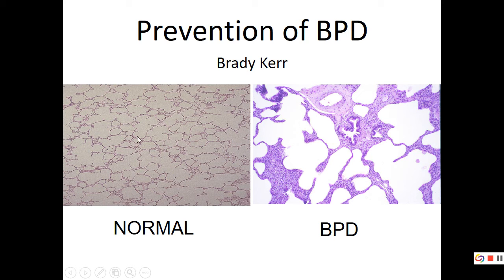So you can imagine if a baby had this lung architecture, it'd be much harder to exchange oxygen and carbon dioxide, trying to diffuse from inside that blood vessel to the alveolus would be much more difficult. So that's kind of what we're dealing with at the microscopic level.